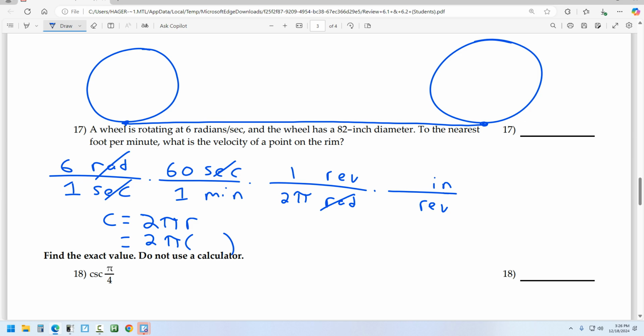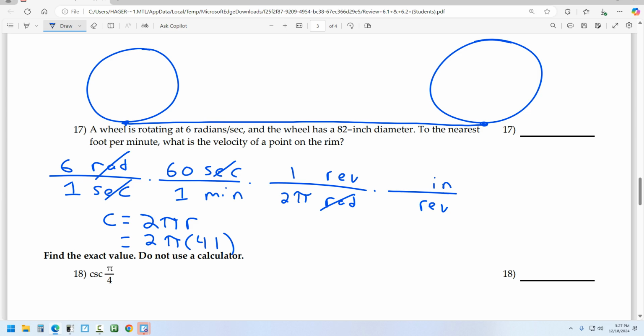41. So the circumference is 2 pi r, which another formula for the circumference we could have used is pi times diameter. But since you said 2 pi r, I went with 2 pi r. It could also be pi times diameter, which is the one I would have used in this one just because they gave you a diameter.